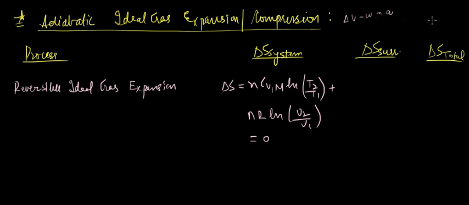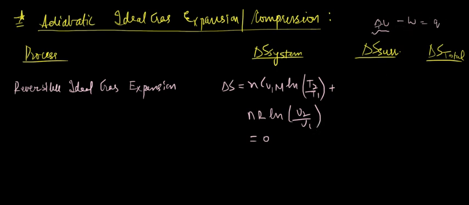Okay, now if this is the case, then what will happen? Delta U minus W is equal to Q, so minus W equals Q. Now we know that it's a reversible process, and Q can be written as the integral of dQ by T, which is dU by T integrated, and this is dW by T integrated.